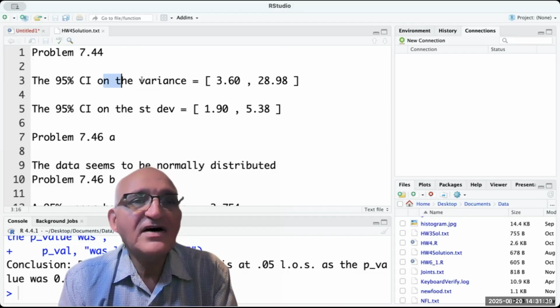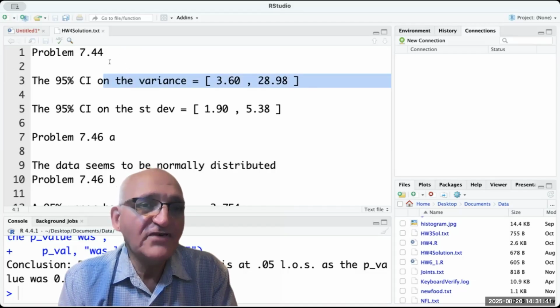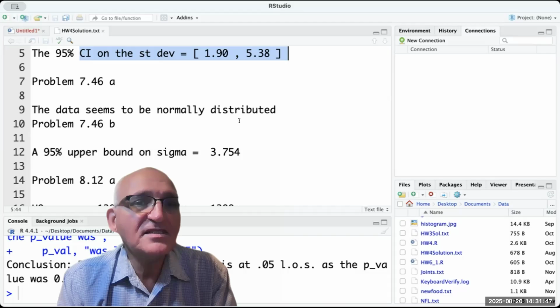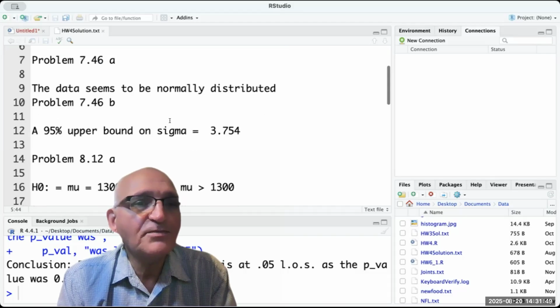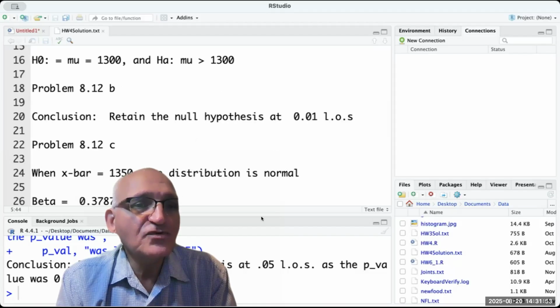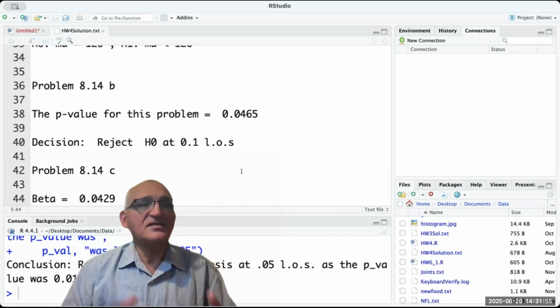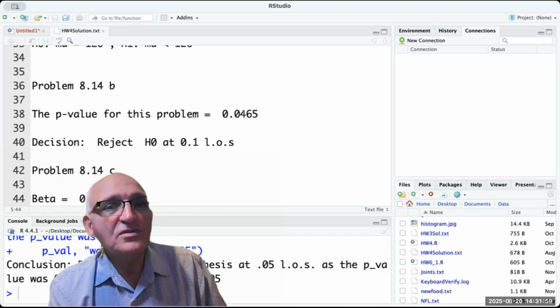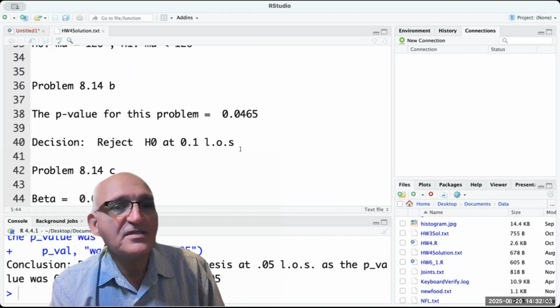I showed the 95% confidence interval on the variance using chi-square and the standard deviation. The next problem, the data seems to be normally distributed. Part B, that's the upper bound, and so on. So you only send to the file what you are asked to find. Decision: reject the null hypothesis at 0.1 level of significance.